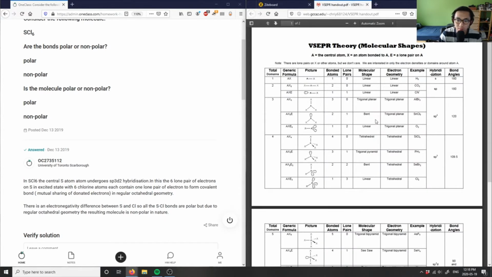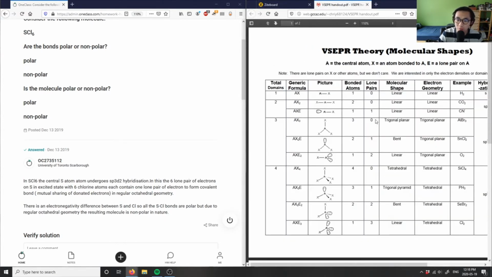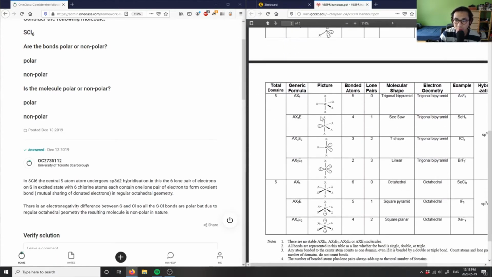As you can see, in VSEPR theory there's a generic formula. So I'm going to scroll all the way to SCl6. This here is our compound. We have A, which is some type of element, and the X6 you can think of as a halogen, like fluorine, or in this case, chlorine. So this is your hybridization, sp3d2.